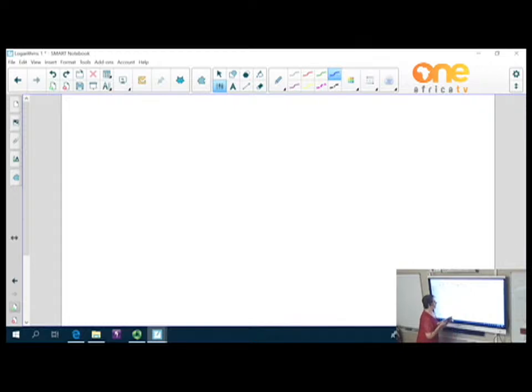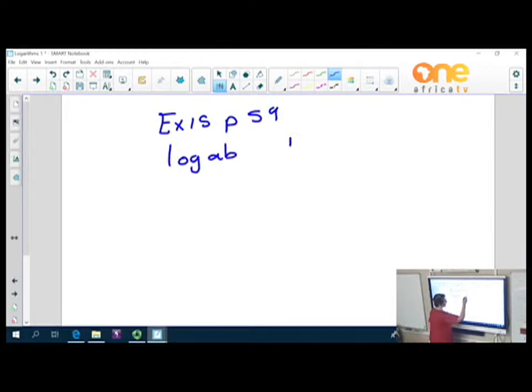So we're starting now with exercise 15, and this is on page 59. This is about writing it as a single log, log AB, or writing it as separate logs, log A plus log B. And we're going to convert from one side to the other in this exercise.